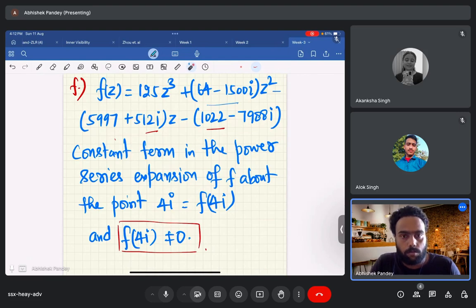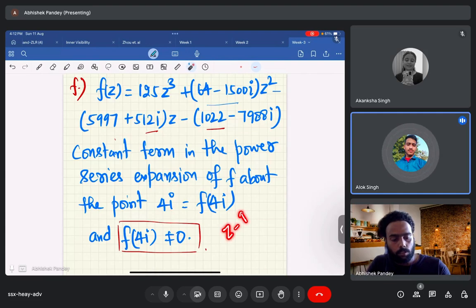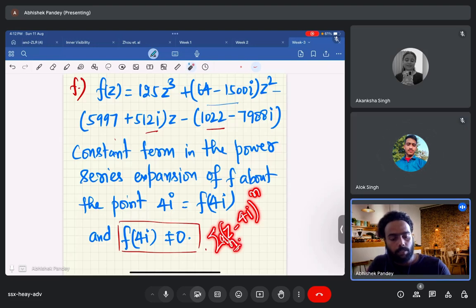So what would be the constant term of f about the point 4i? Let's calculate. So the constant term will be nothing but f of z around 4i. So what would be the constant term?